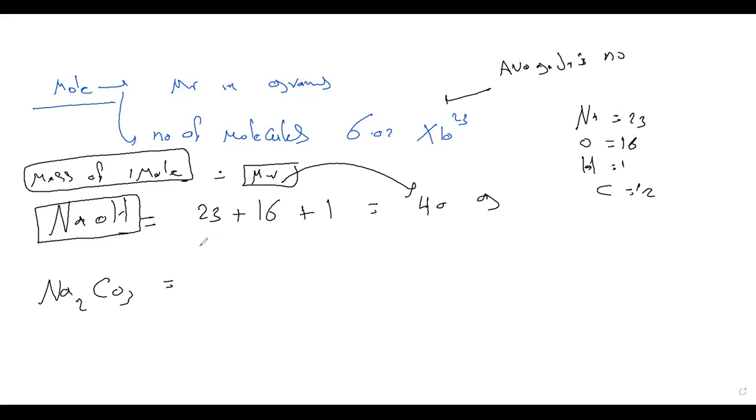Na2CO3, calculate MR. What can we say here? 23 times 2, plus 12 times 1, plus 16 times 3. Excellent, bravo. What is this that I am calculating now? The molar mass of Na2CO3, or the mass of 1 mole of Na2CO3.